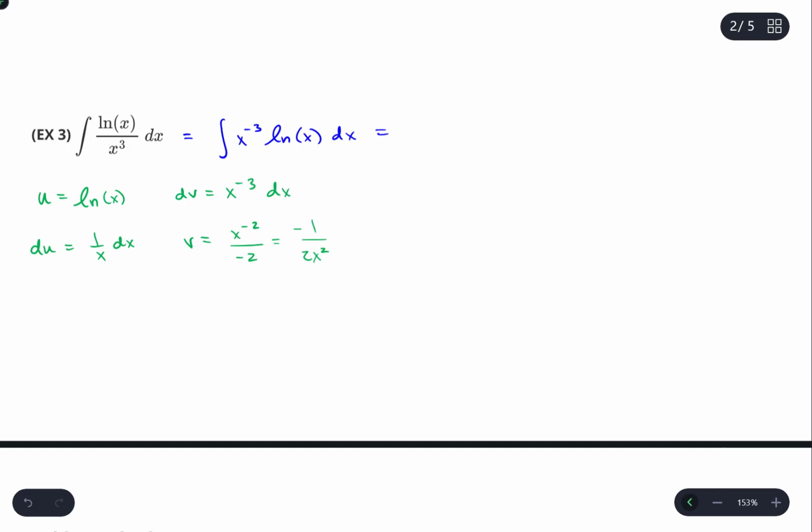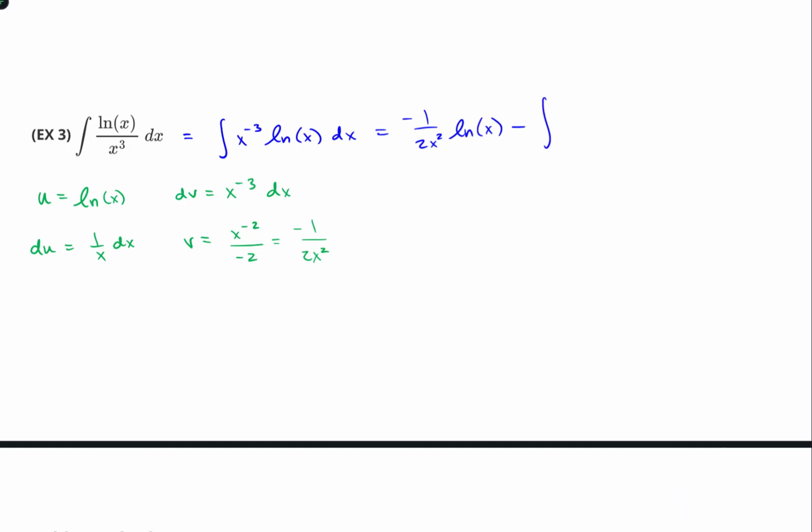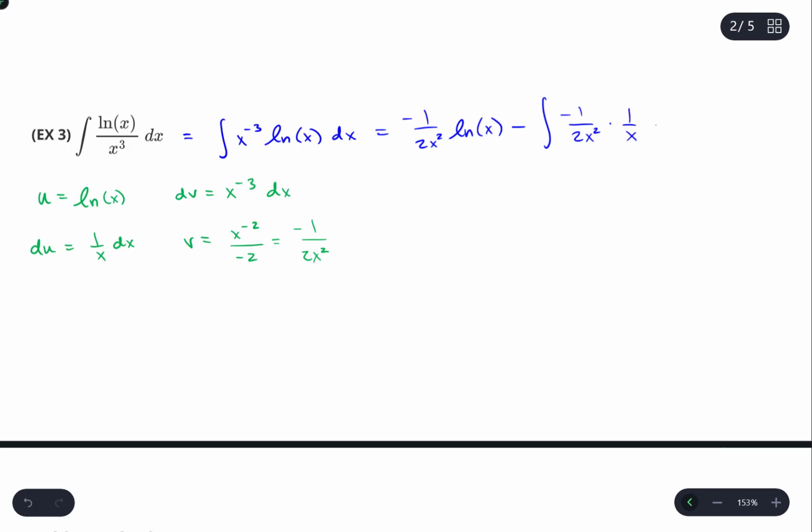And the process here is that the integral of u dv is u times v, so as I'll write it, negative 1 over 2x squared natural log of x minus the integral of v du. So this is going to be negative 1 over 2x squared, that's v, and then du is 1 over x dx.